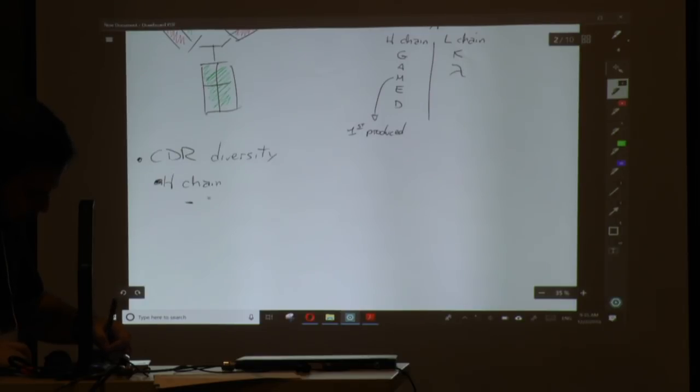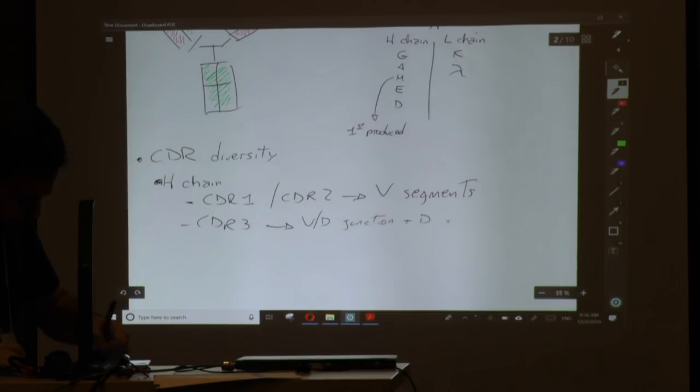For the heavy chain, your CDR1 and CDR2 are going to be coded by your V segments, right? And then your CDR3 is going to be coded by the VD junction plus the D segment.